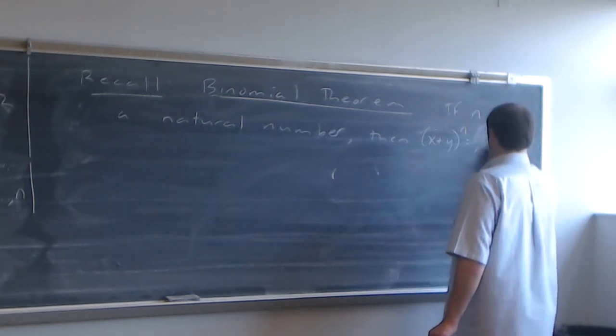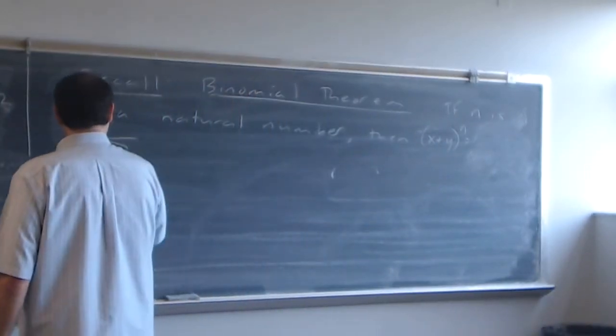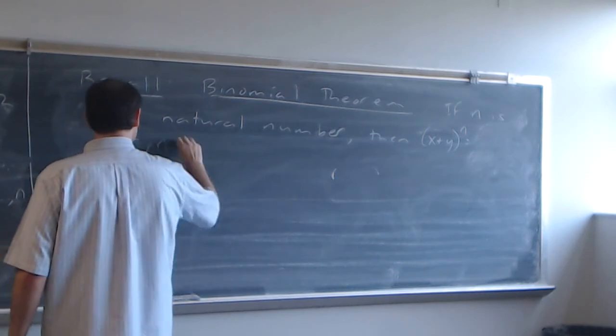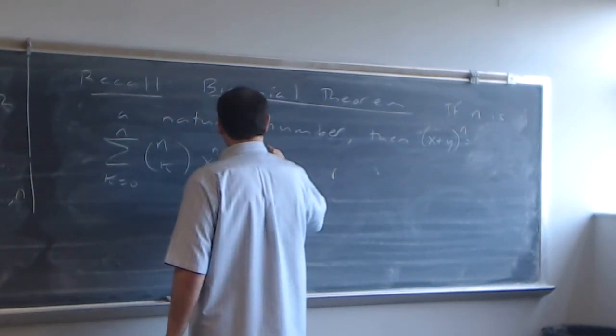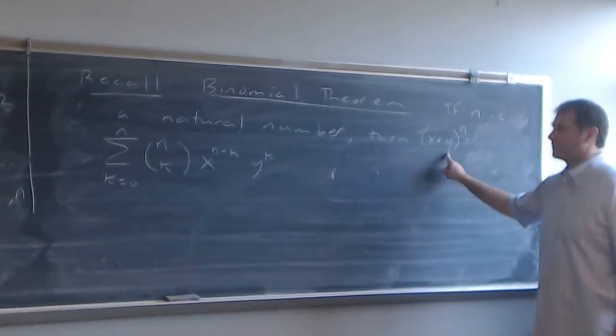I want to write this below. The sum as k runs from 0 to n of n choose k, x to the n minus k, y to the k. So that's the binomial theorem.